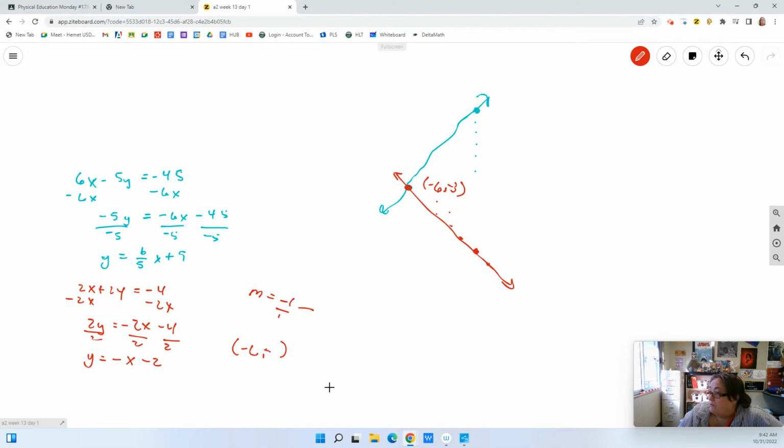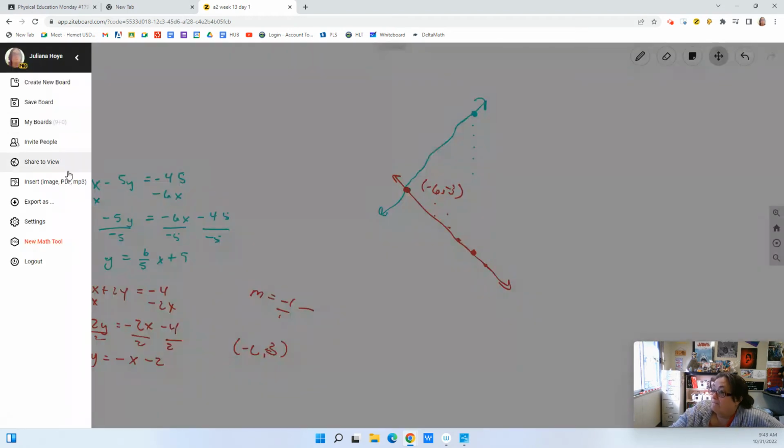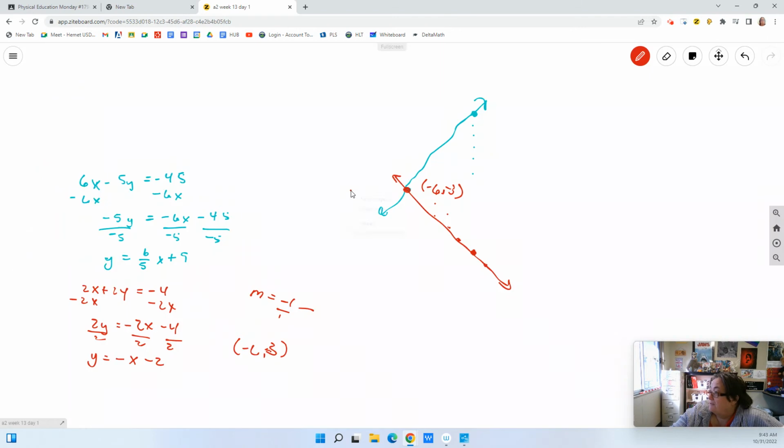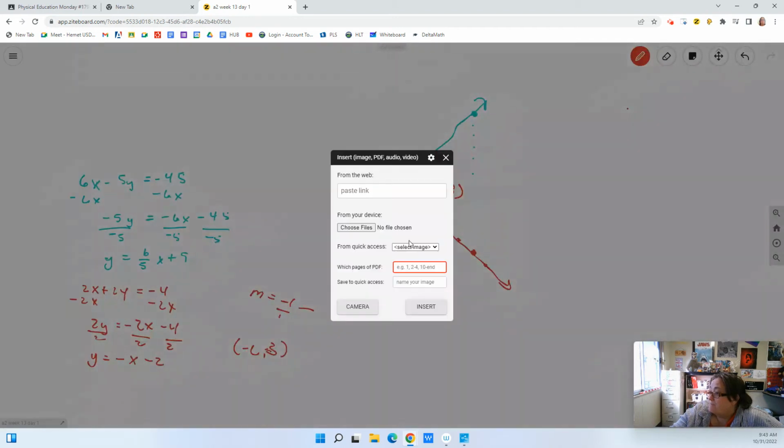Dude, did you see that? I made the whole worksheet disappear. Crazy. How do I get it back? I don't know. How do I get it back? Do you have to bring it back in?